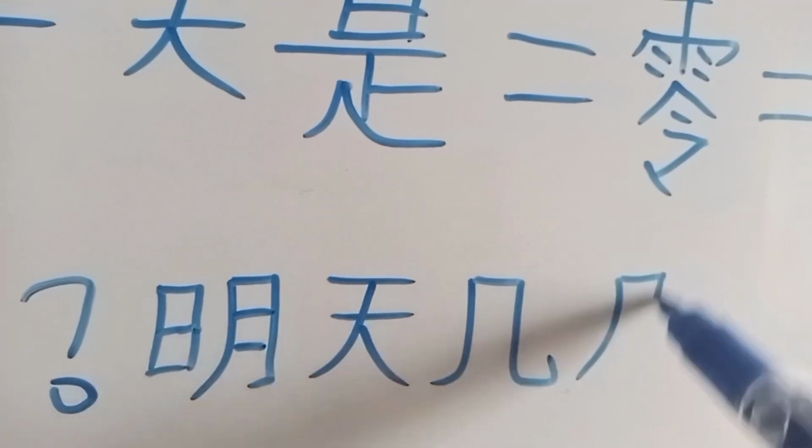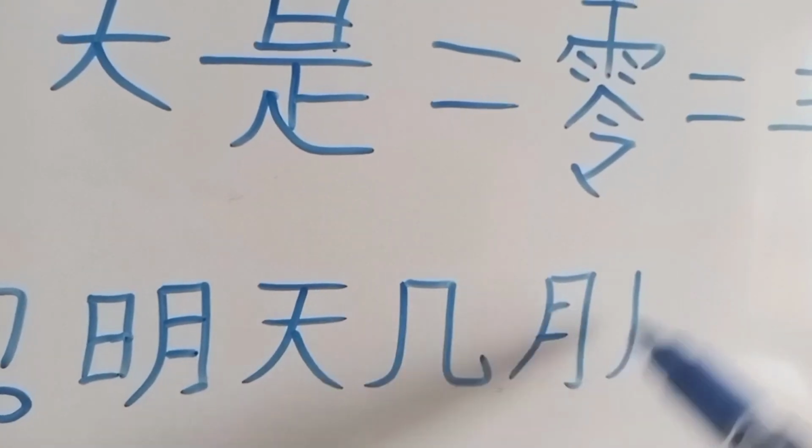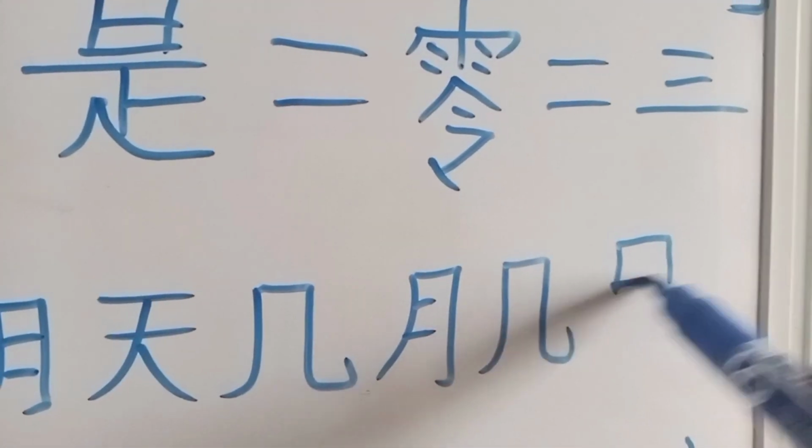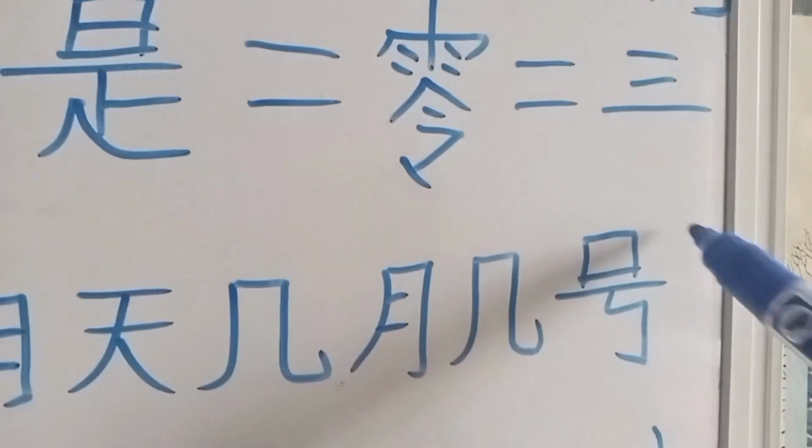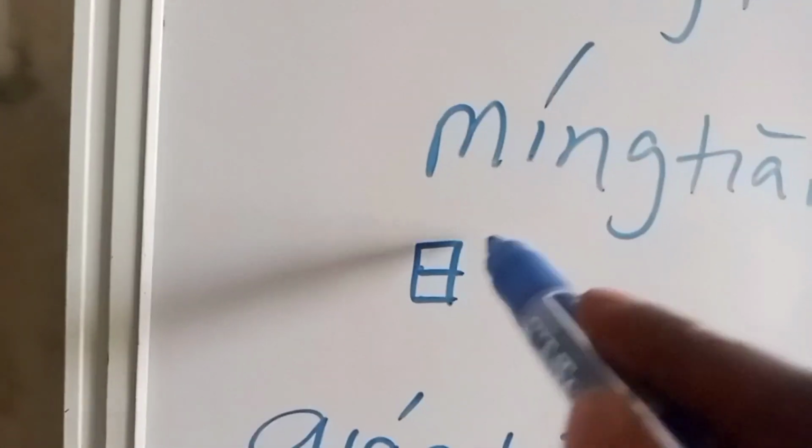This is 月. Ji again. How? What is tomorrow's date? That is what this means.